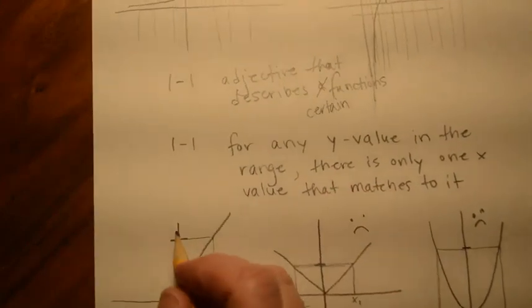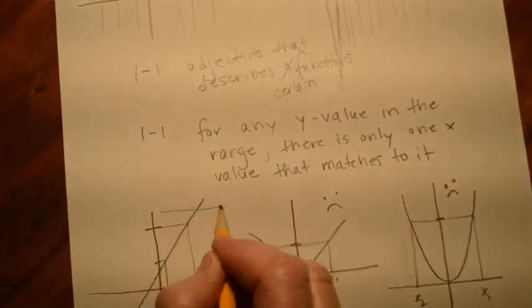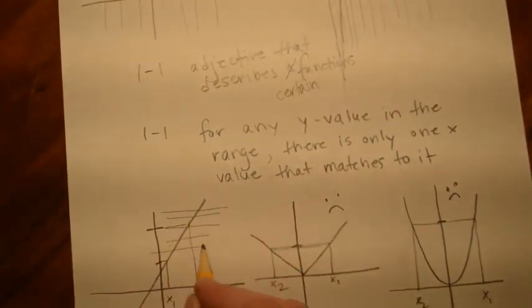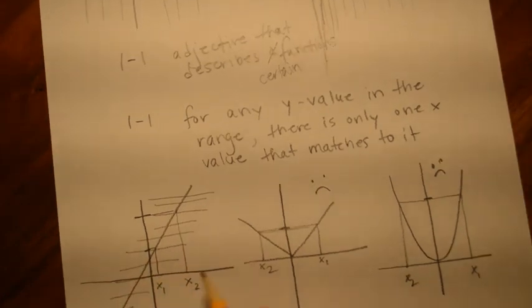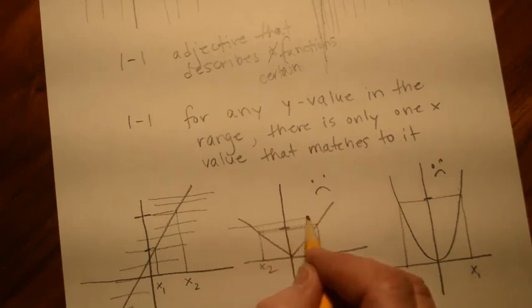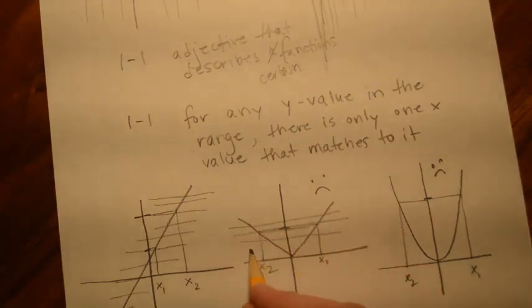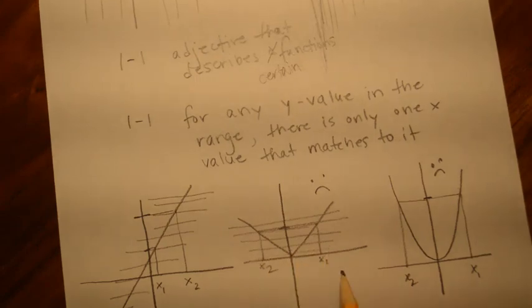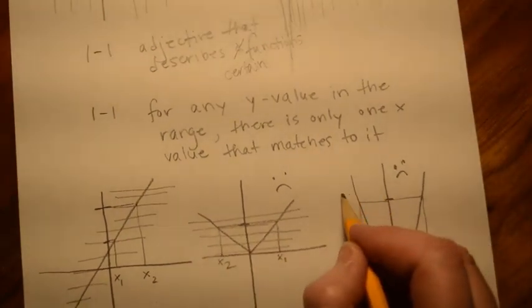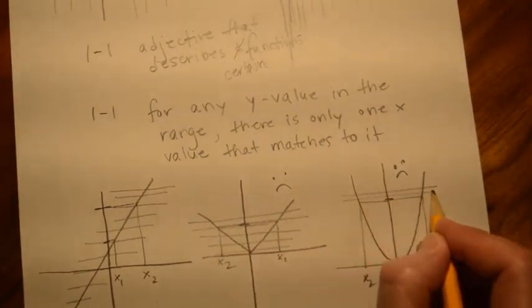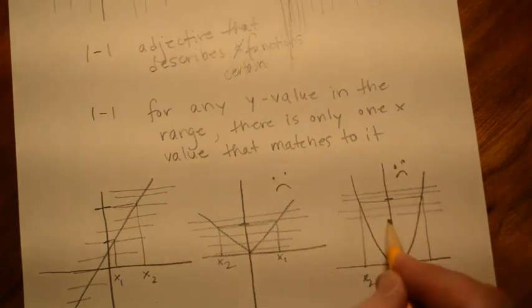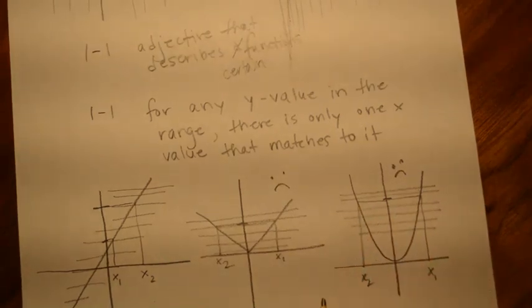We can see with linear equations, they are one-to-one because no matter where I draw that horizontal line, it's going to hit the graph only once. We can see that with absolute values, no, it doesn't work. When I draw these lines, they hit it multiple times, right? Same thing with quadratics, right? They're going to hit in more than one spot, right?